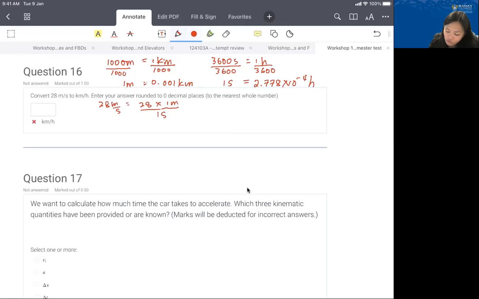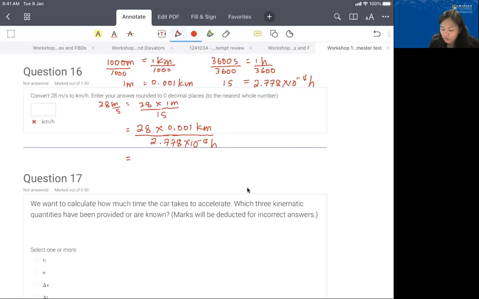Then we can directly substitute our conversion factors. 1 meter is 0.001 kilometers, and 1 second is 2.778 times 10 to the minus 4 hours.